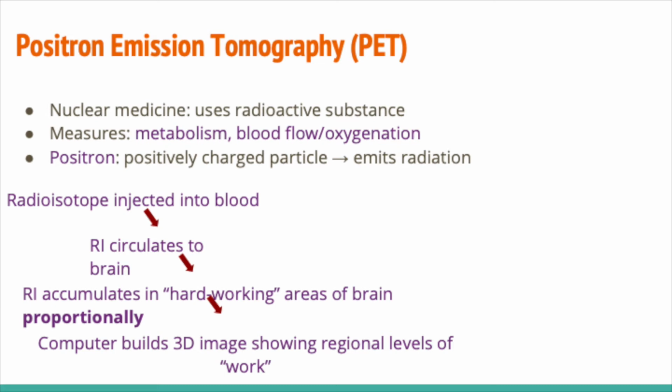You can inject these radioisotopes into a patient's bloodstream, and they will circulate to the brain and accumulate in the hard working areas of the brain proportionally. From there, you can use a computer image to show which areas of the brain are being used for specific exercises.